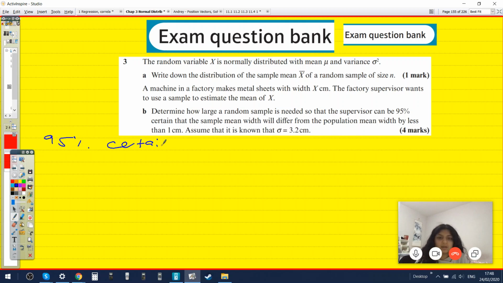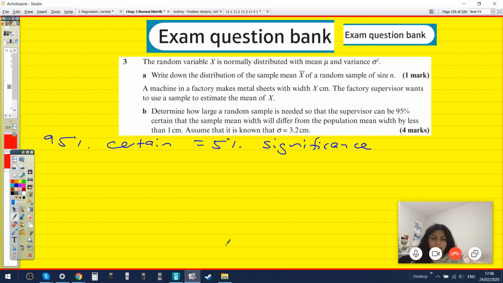No. 95% certain equals 5% significance. We want something that is very rare, so you can't use 0.95 as your area. So what is our area? 0.05 as the area. Okay, and then would it be less than or greater than?